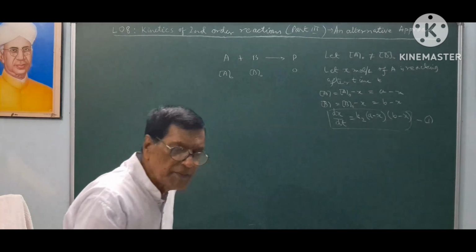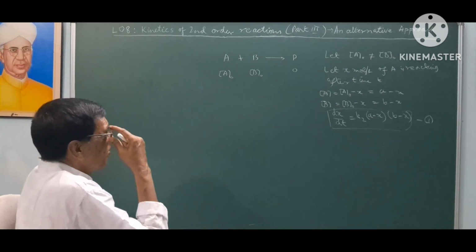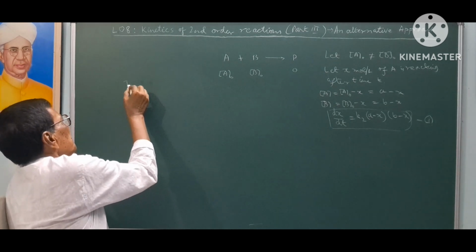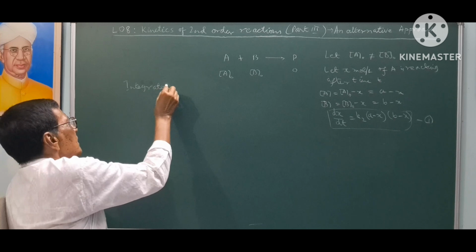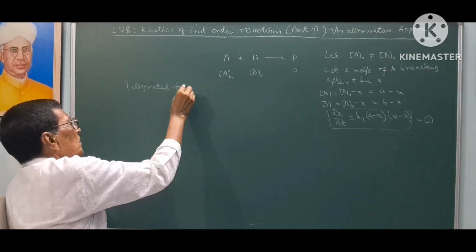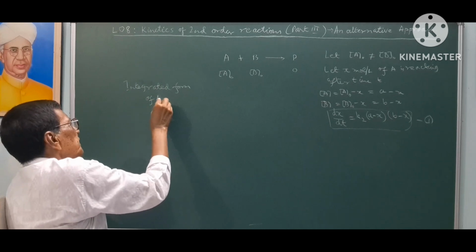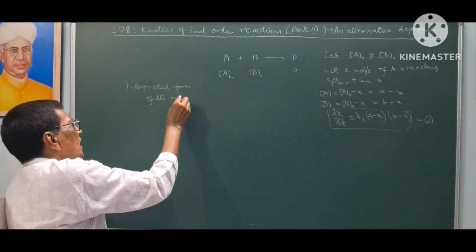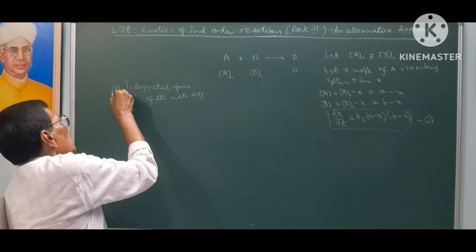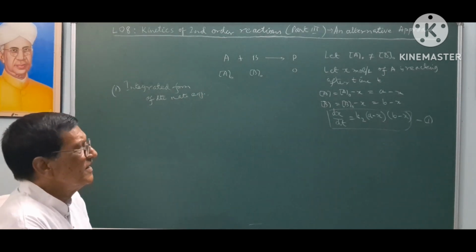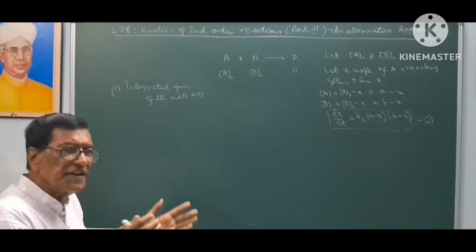Now for the different parameters, first we formulate the integrated form of the rate equation. This is feature number 1. This differential rate equation can be integrated.